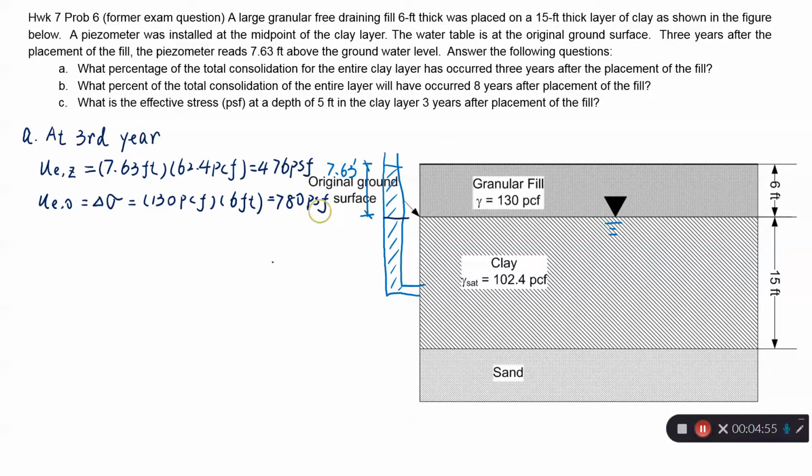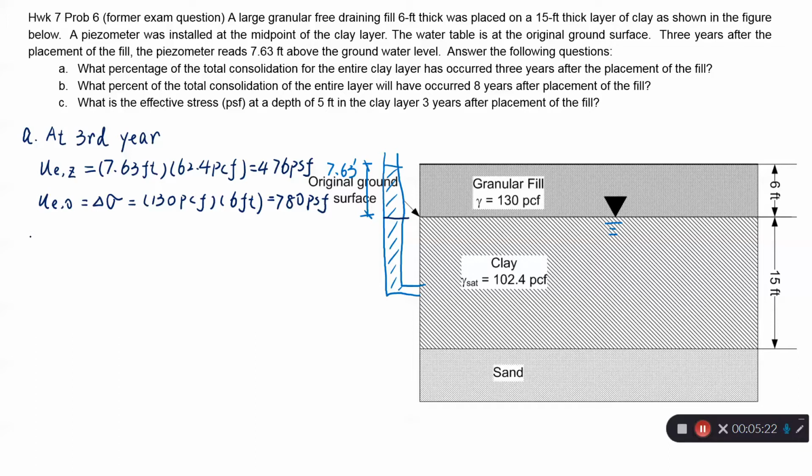That makes sense, right? So initially, right after the fill is placed, the initial excess pore water pressure equals 780, and as you wait longer, pore water pressure dissipates. So like 3 years later, excess pore water pressure is reduced to 476.